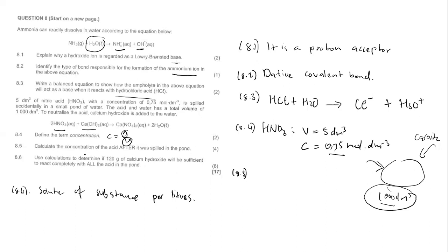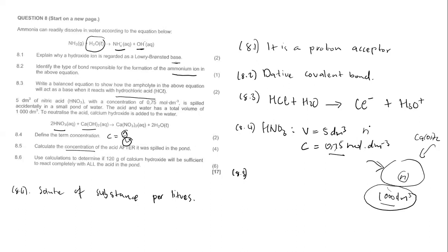So the question says, calculate the concentration of the acid after it was spilled in a pond, meaning we want a new concentration under this volume, which is 1000 cubic decimeters. Remember, the number of moles of HNO3 when it was under this volume and this concentration is the same as the number of moles in the pond.